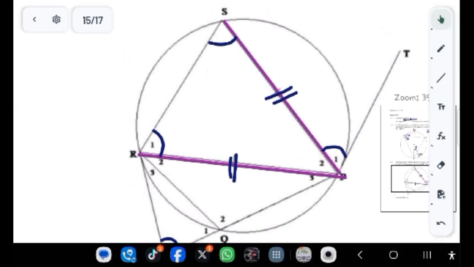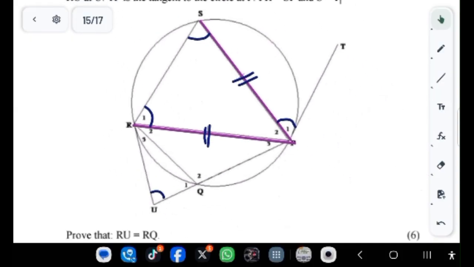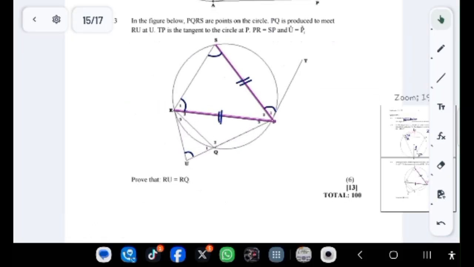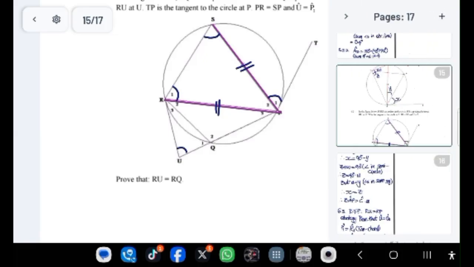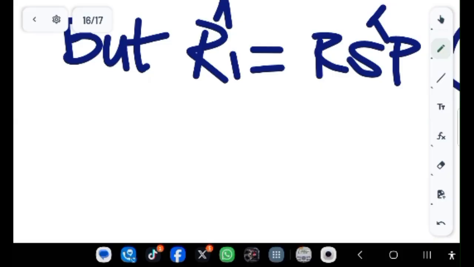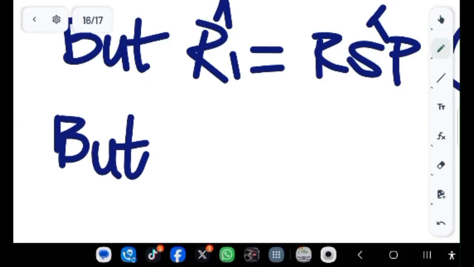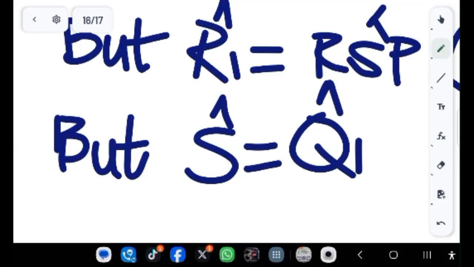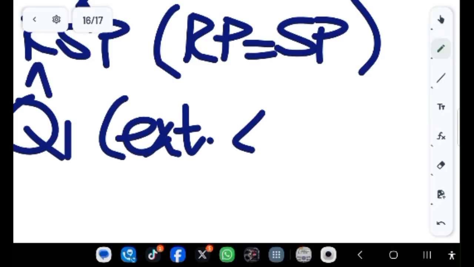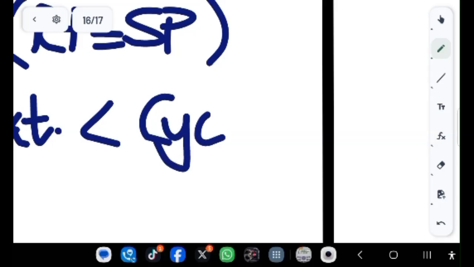Right, so P1 equals R1 and R1 equals angle S. Q1 is the exterior angle of the quadrilateral. But S equals Q1. The reason is exterior angle, cyclic quad.